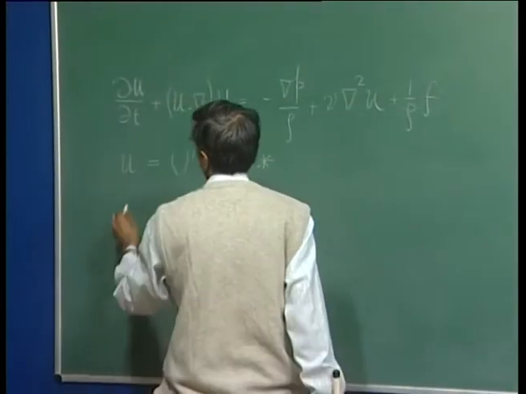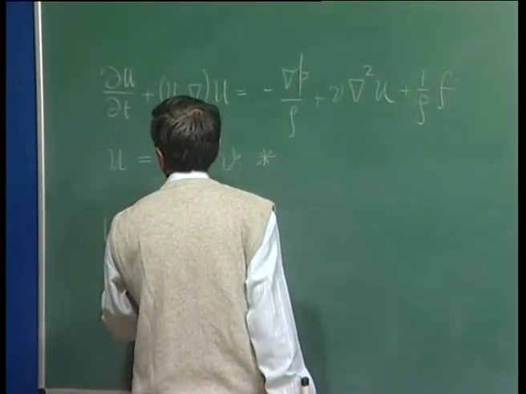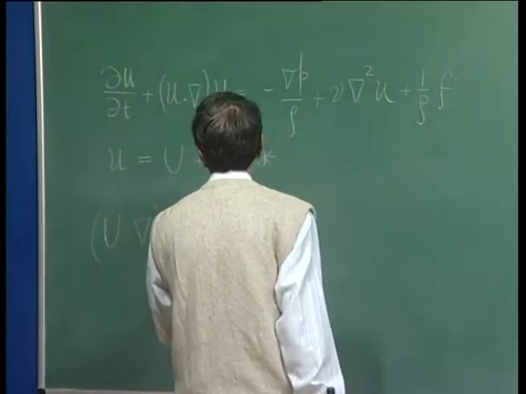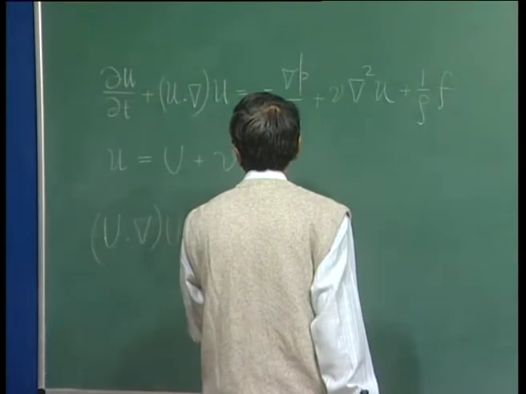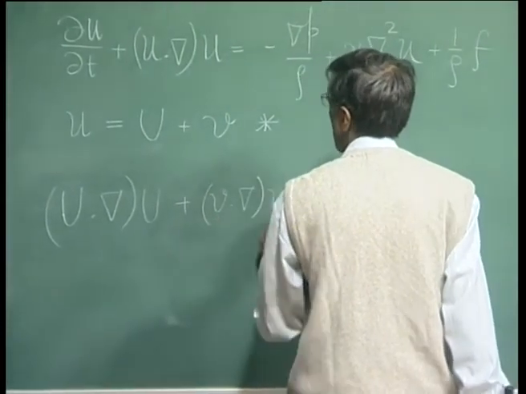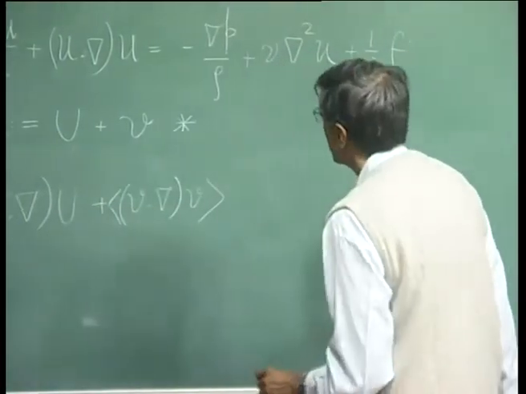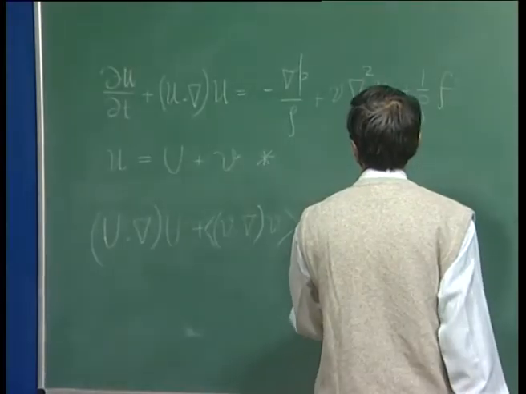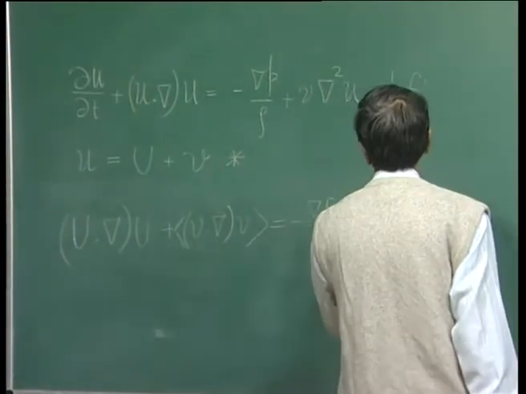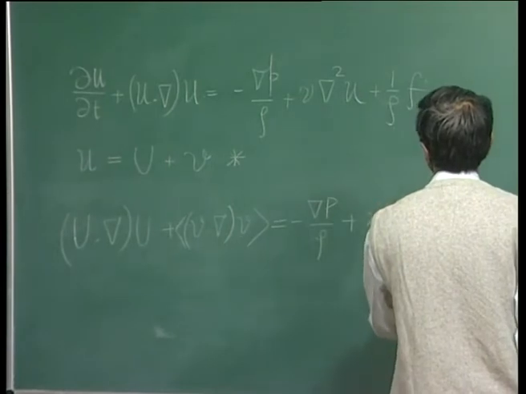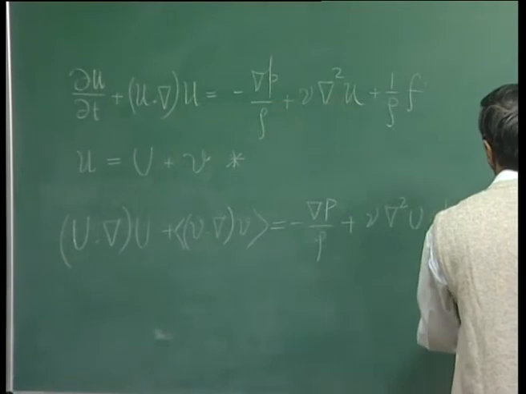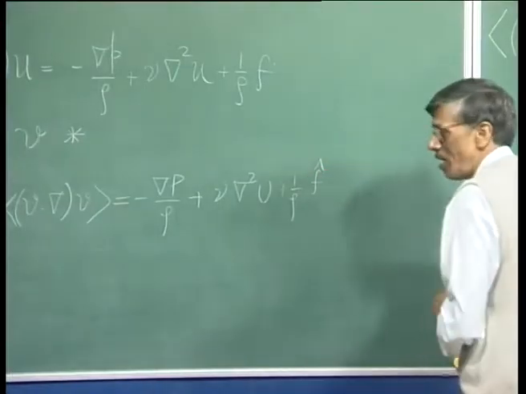From here we have seen that this works out, right: del u plus v dot del, this is that, and here we are going to get del of capital P by rho, and here we get mu del square capital U, and this I will write as 1 over rho, we called it f hat.